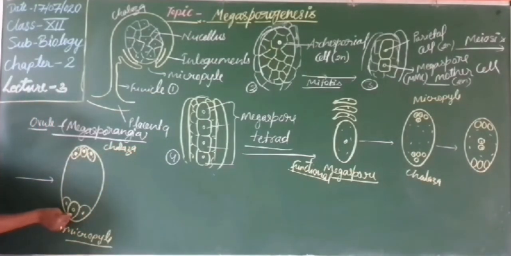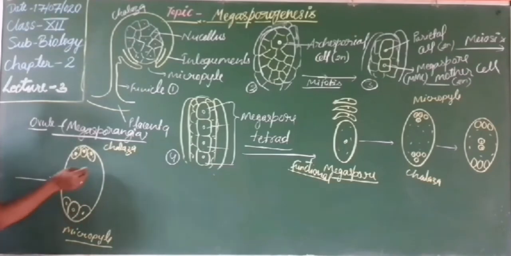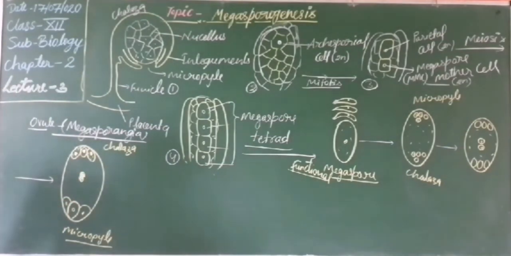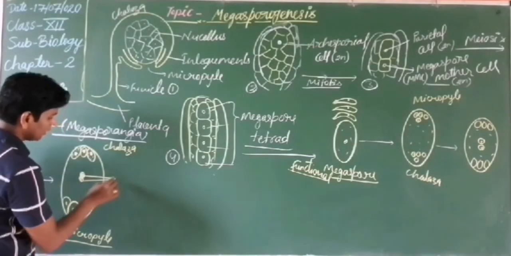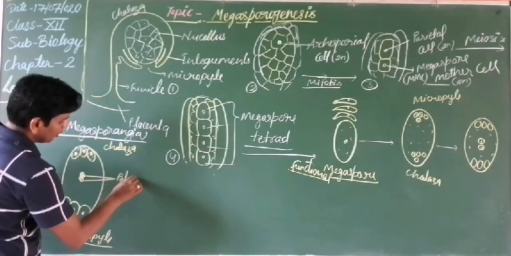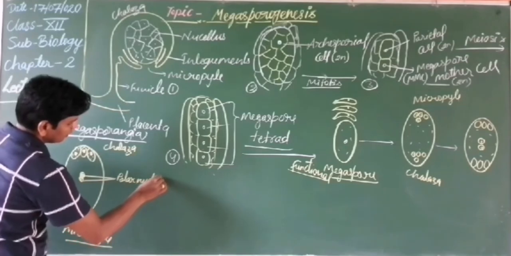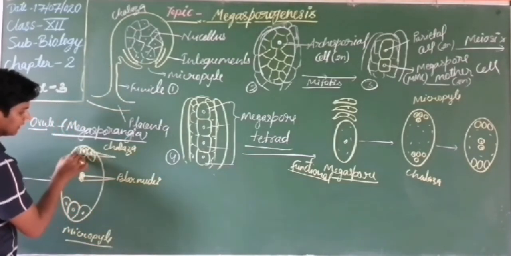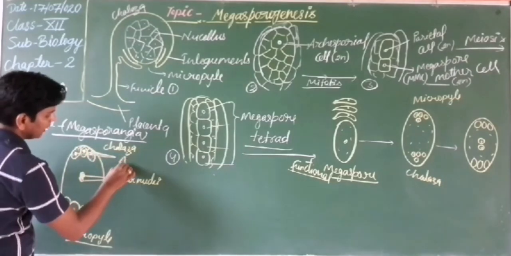Okay. So here on the chalaza end, 3 cells are formed. Here at the micropyle end, 3 cells are formed, and in the center these 2 nuclei remain as such. So these 2 nuclei are known as polar nuclei. Okay, these are polar nuclei. These 3 cells are called antipodal cells.